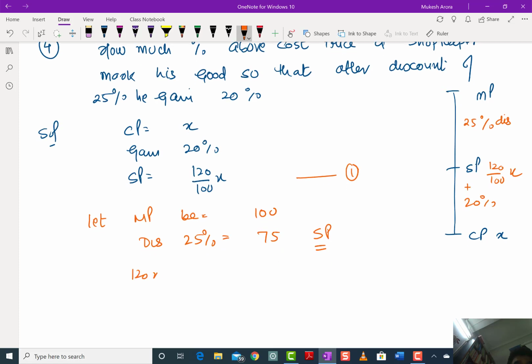So 120x upon 100 is equal to 75. x is equal to 75 into 100 by 120.